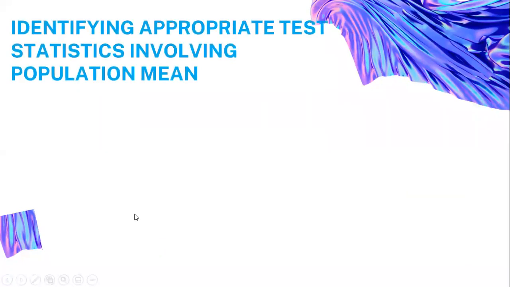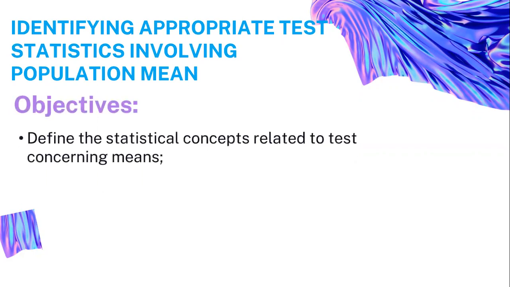Okay. So to continue, let's have the second module, which is identifying appropriate test statistics involving population mean. Actually, you know this already. Remember the activity To Z or not to Z? So it has something to do also with this. So these are the objectives.